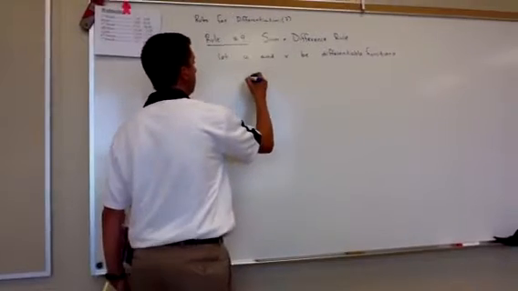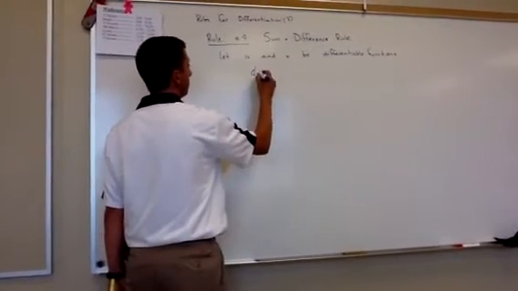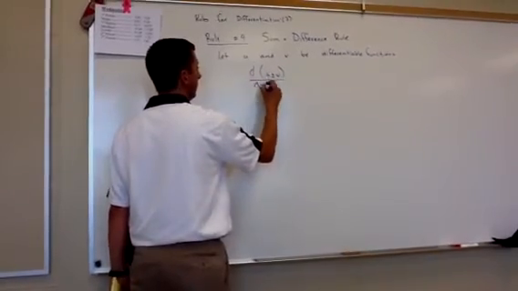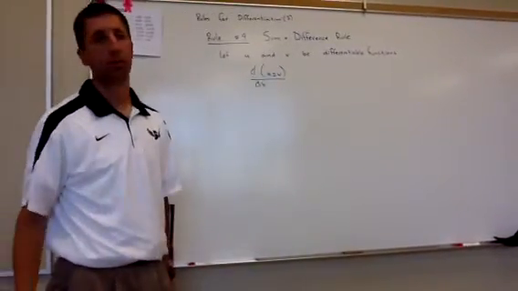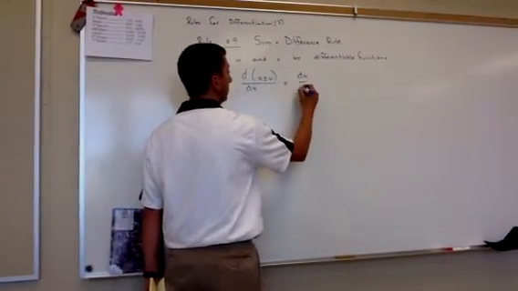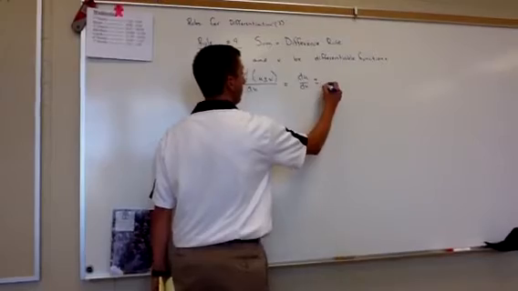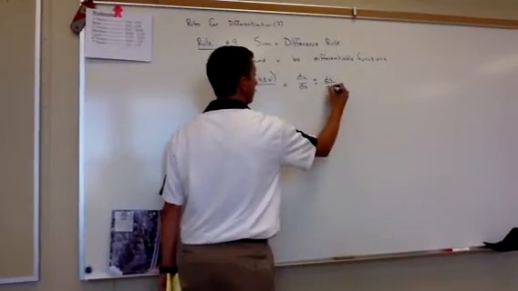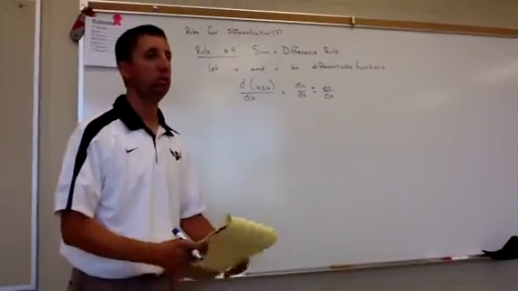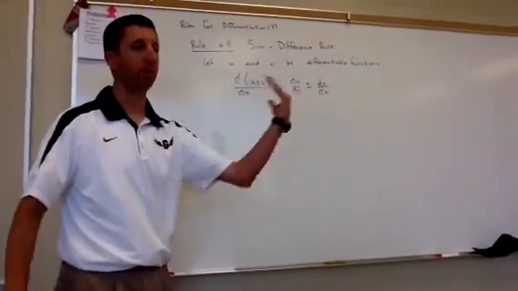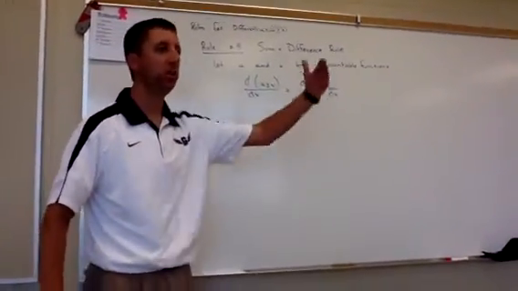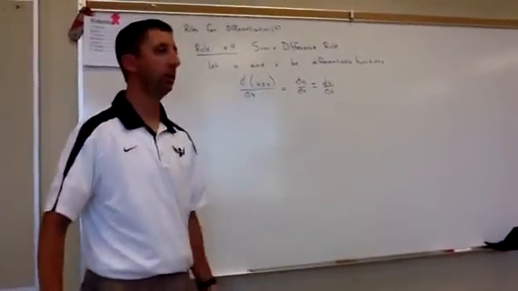So then if I'm going to take the derivative of u plus or minus v with respect to x, all that is the derivative of u with respect to x plus or minus the derivative of v with respect to x. Basically that says we can just line up a bunch of functions and add them or subtract them and just take the derivative of each individual function at a time.